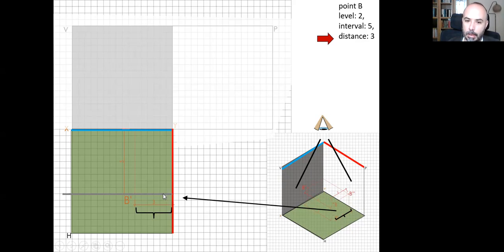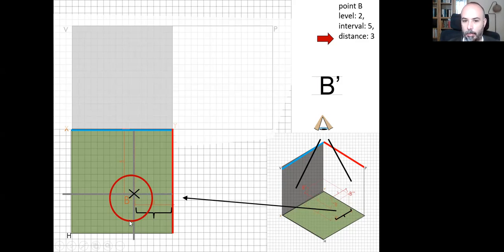So I just need to count 3 squares in a perpendicular direction from this line, this plane here, towards the other direction. And here, at the intersection of these 2 directions, I realize that it is B prime. I need to make my cross to indicate the point by using the middle thickness lines, and I need to draw 2 gray thin rows in order to write my letter.